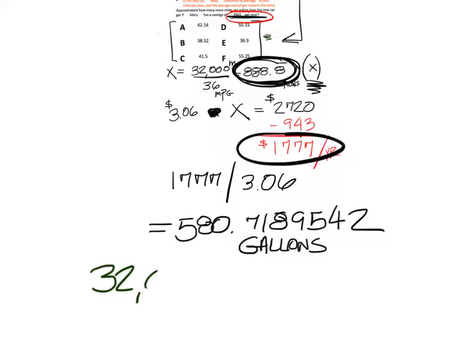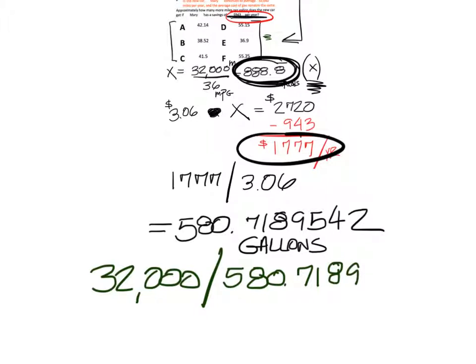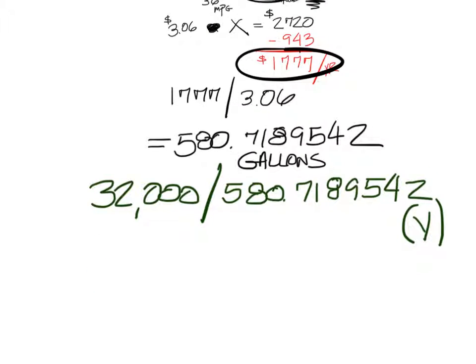So 32,000 miles, and divide that by 580.7189542. With that number still in your calculator, you can store it to, let's just say Y. I'm putting it in Y. So I'm going to do 32,000 divided by Y. So how many miles per gallon is she getting now?